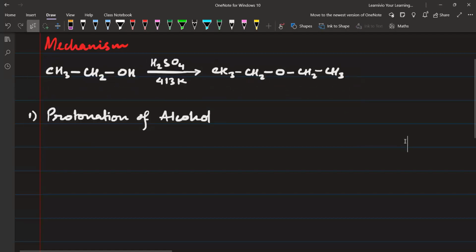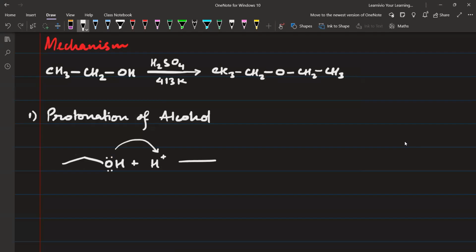It will not have any electrons, so it will be searching for electron rich species, and the oxygen's lone pair will be the perfect candidate for that, right? So the oxygen's lone pair will attack the H positive, and this will give you the protonated alcohol. The protonated alcohol will have two hydrogen atoms attached to the oxygen atom.